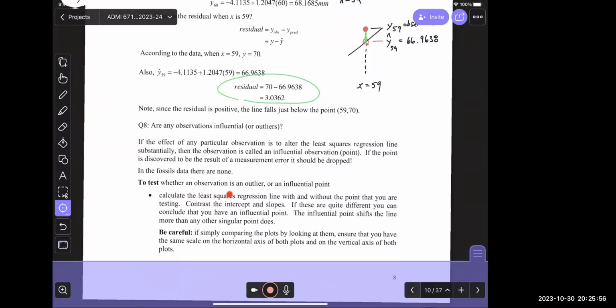So to test whether an observation is an outlier, you go one by one for the values that are away from the rest of the data. Calculate the least squares regression line with and without the point that you're testing. Contrast the intercept and slopes. If they are quite different, you can conclude that you have an influential point. The influential point shifts the line more than any other singular point does. I'm going to also add that it changes the R, right?